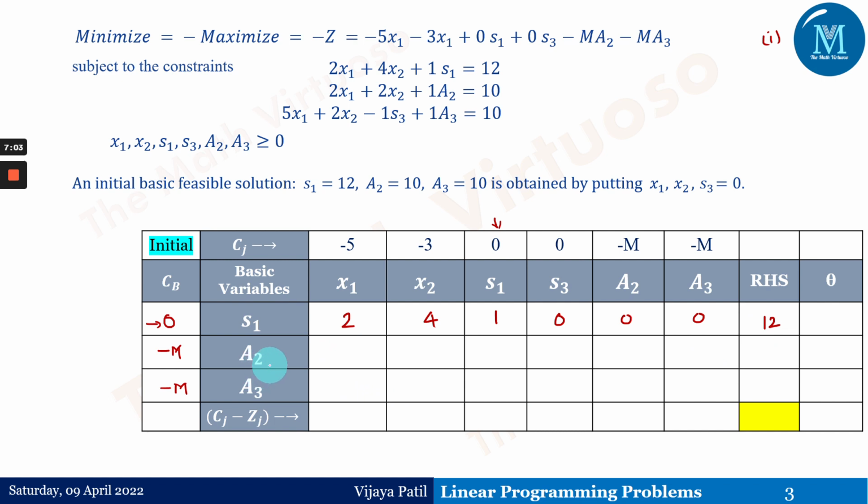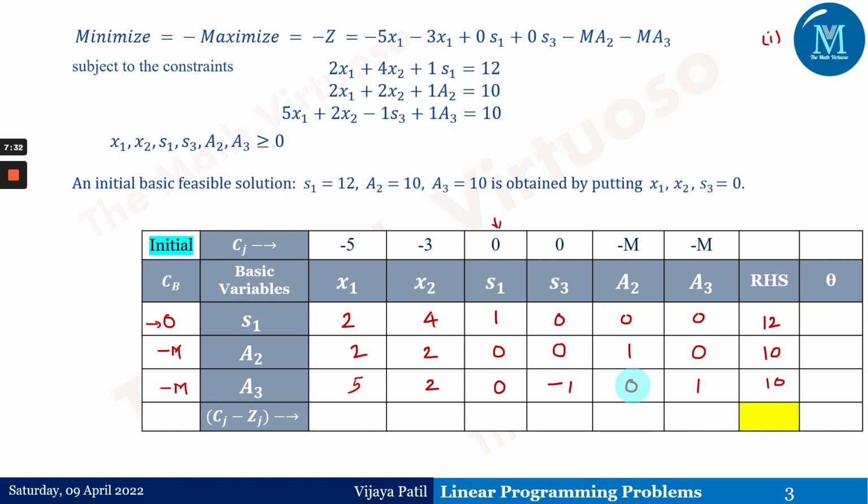Then A2, that is the second constraint, which would be 2, 2, 0, this is also 0, we have this as 1, this is 0, and this is 10. The next constraint is the third one, that is 5, 2, S1 is 0, S3 is minus 1, sorry, A2 is 0 here, A3 is 1, and then it is 10.